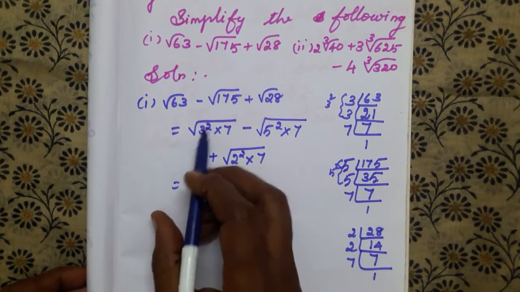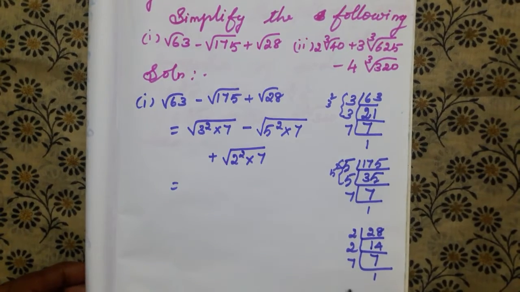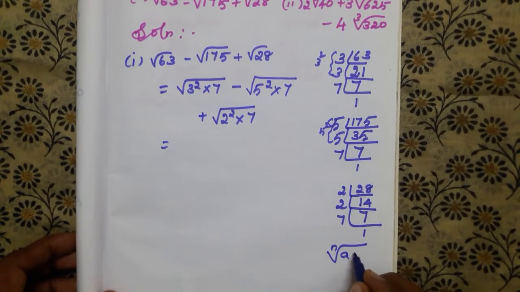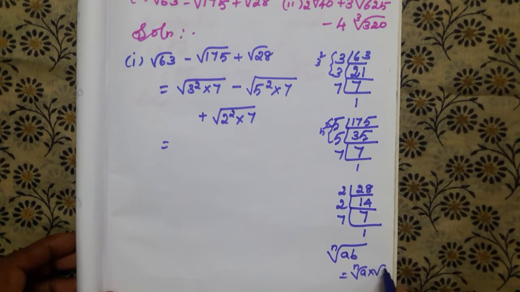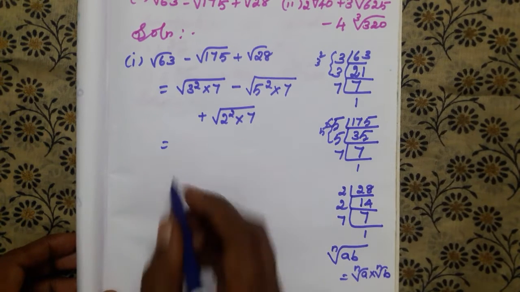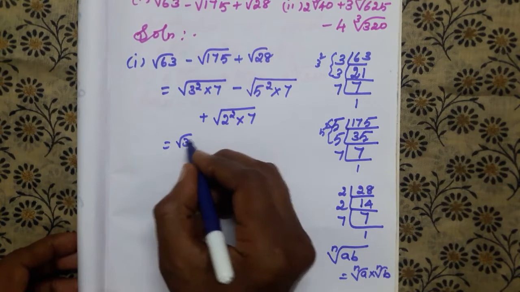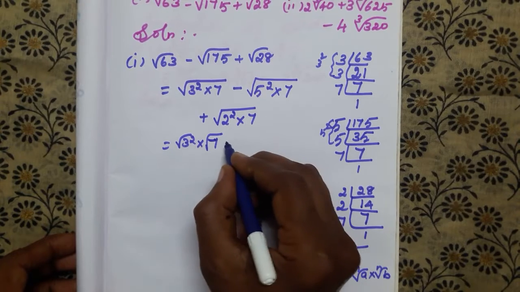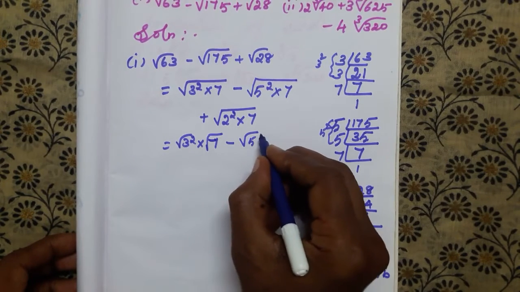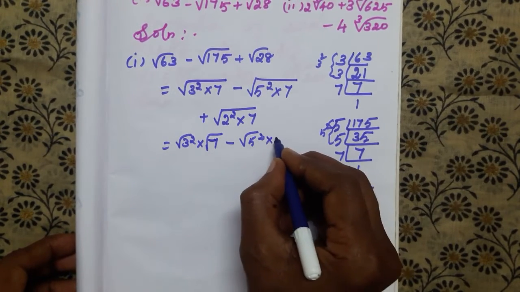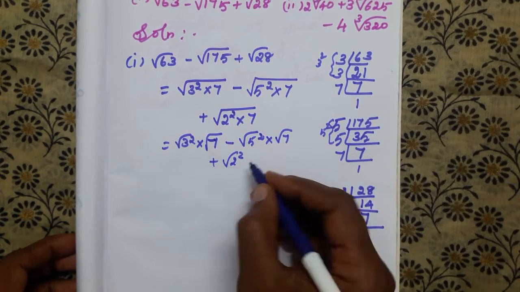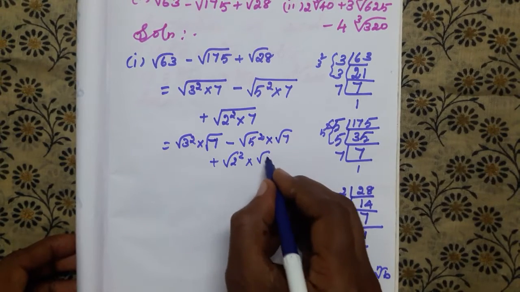Next, nth root of a into b is equal to nth root of a into nth root of b. When we are using that, square root of 3 square into 7, minus square root of 5 square into root 7, plus square root of 2 square into root 7.